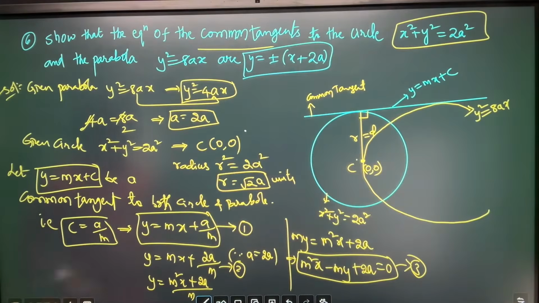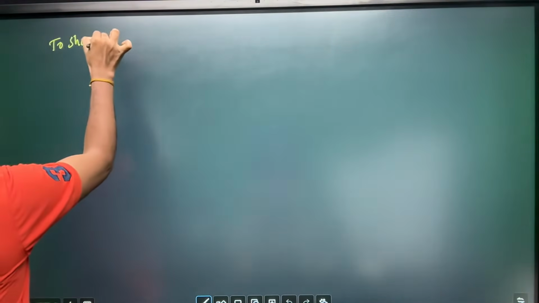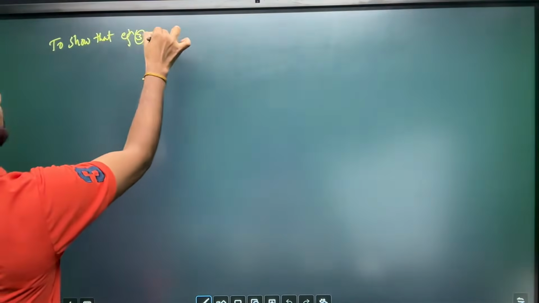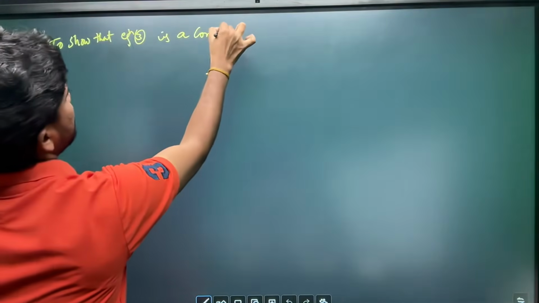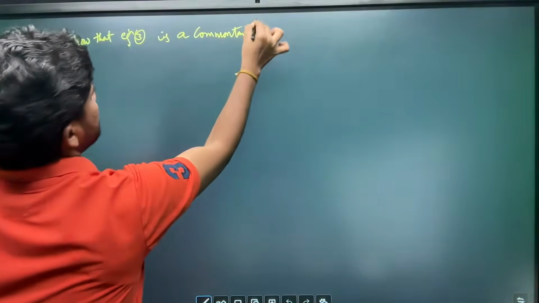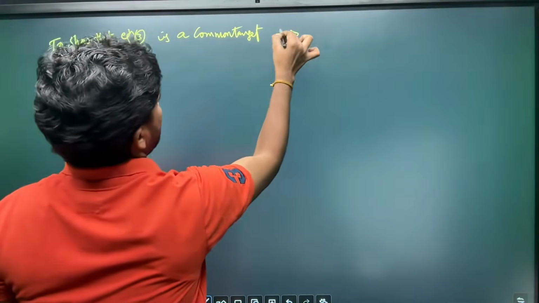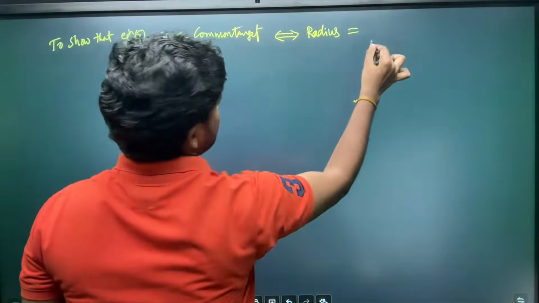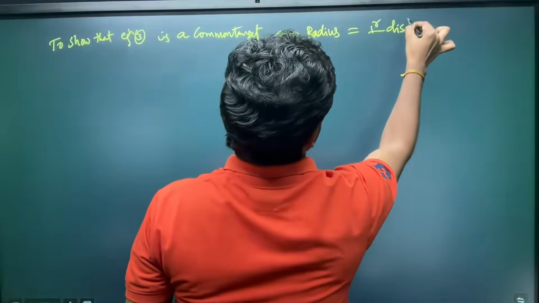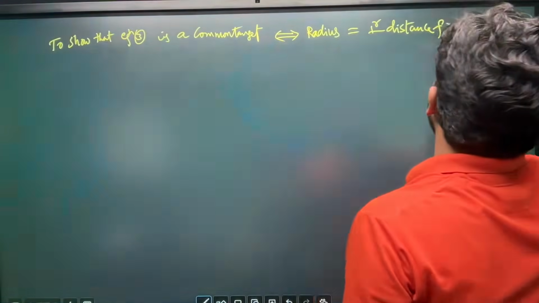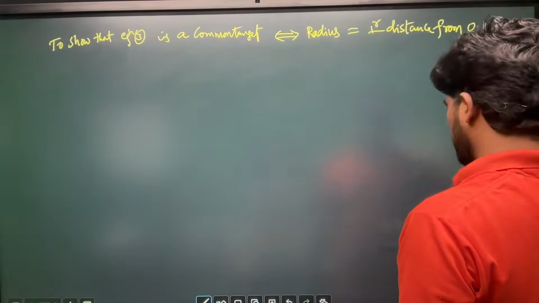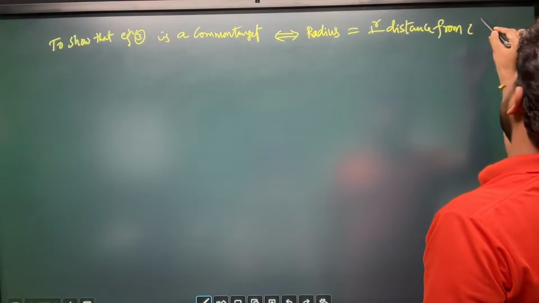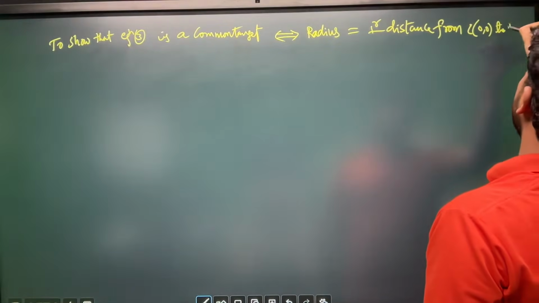Okay, so now see, to show that equation number 3 is a common tangent, it is enough to show that radius equal to perpendicular distance from center 0, from center of the circle 0, to equation number 3.